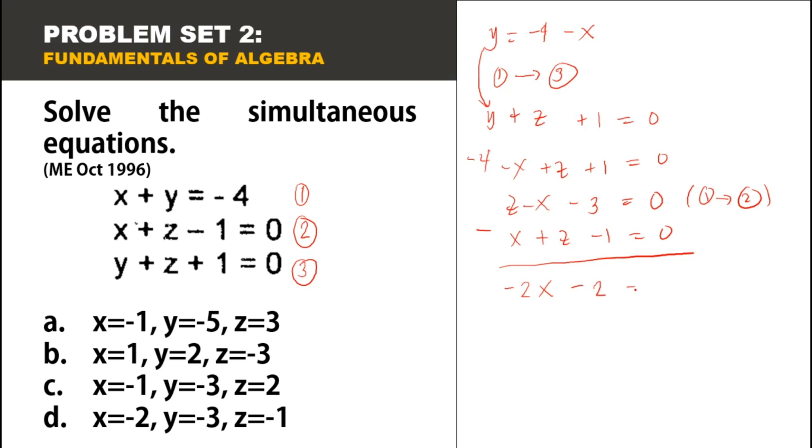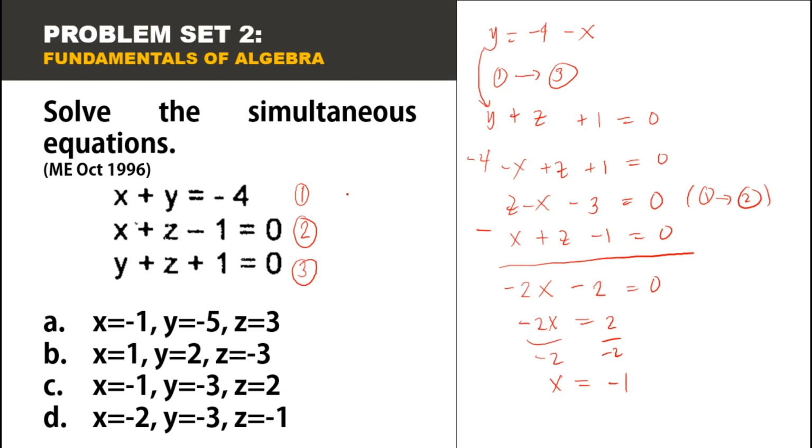So we have equals 0. So negative 2x is equal to 2. We divide both sides by negative 2. We have x as negative 1.